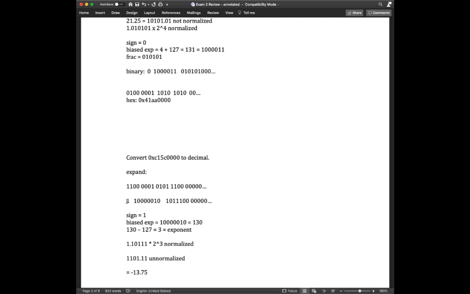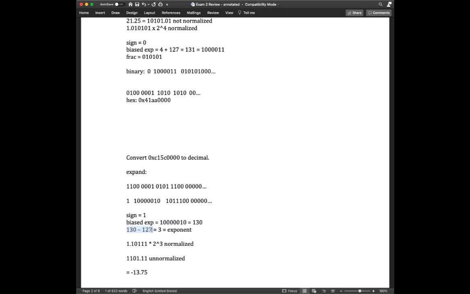So the first bit is the sign bit, the next 8 bits are the biased exponent, the rest is the fractional part. The sign bit's 1, so I know it's a negative number. The biased exponent here, again, this first digit is 128 plus 2 is 130.